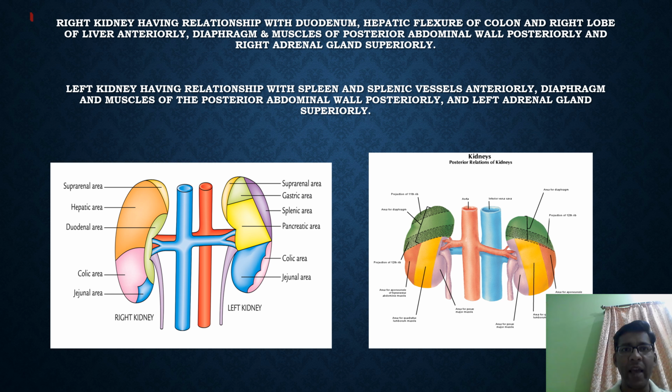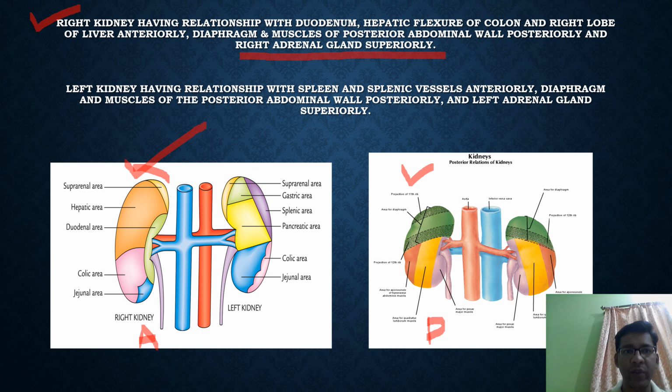This is the right kidney, and this picture is related to the anterior relationship, and this picture is related to the posterior relationship of the kidney. The right kidney has a relationship with the duodenum, hepatic flexure of the colon and right lobe of the liver anteriorly, diaphragm and muscles of the posterior abdominal wall posteriorly, and right adrenal gland superiorly.